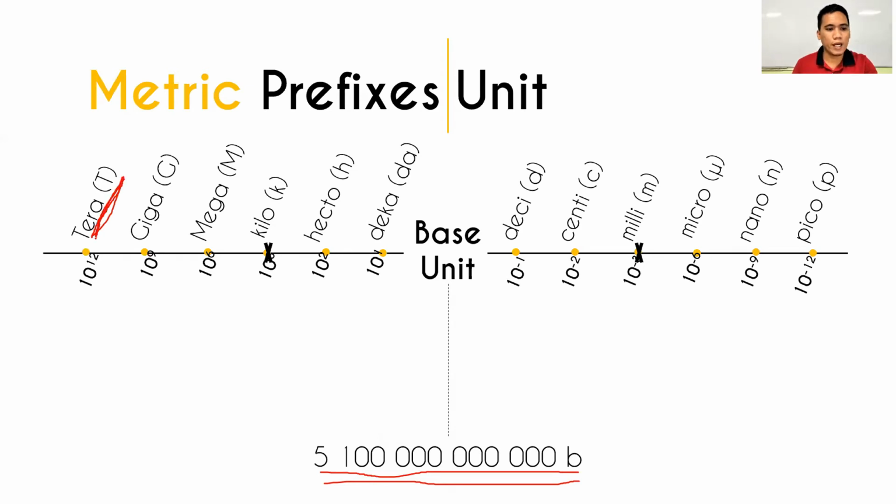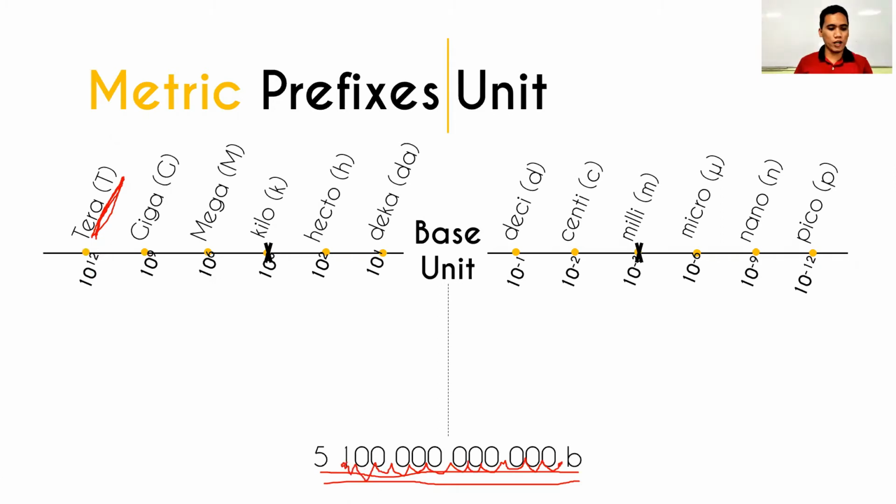So we apply the prefix tera. Since tera is 10 to the power of 12, we move the decimal point 12 places to the left. From here, which is the decimal point, 1, 2, 3, 4, 5, 6, 7, 8, 9, 10, 11, and 12.